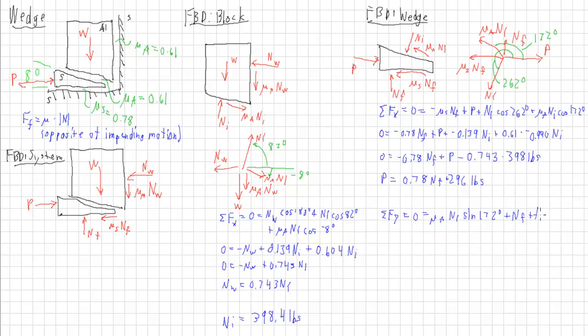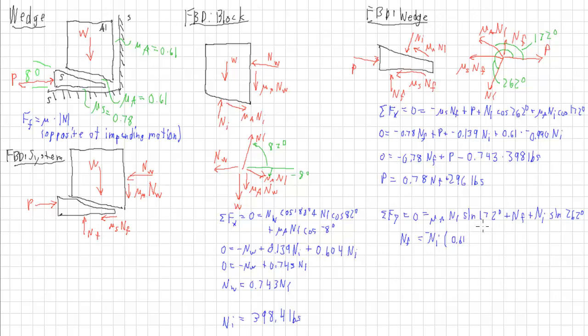plus Ni sine of 262 degrees. We've got mu A, we have Ni, we have Ni here, so we just need to solve for NF. So bring NF over here. And since we brought NF over here, we had to multiply through by a minus sign. 0.61.